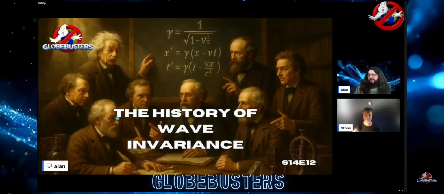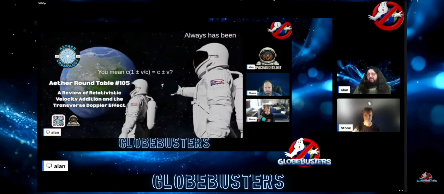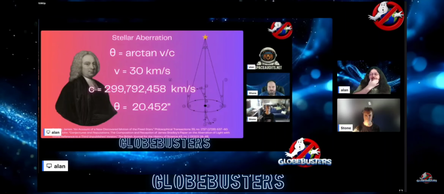It's a great presentation. Did the history of wave invariance here for episode 12, which was awesome because it turns out that relativity, which claims that the speed of light for a moving observer is always the speed of light and it's never measured as anything different, but then it turns out that those equations were actually just derived from an elastic medium to describe Doppler shift with respect to said elastic medium.